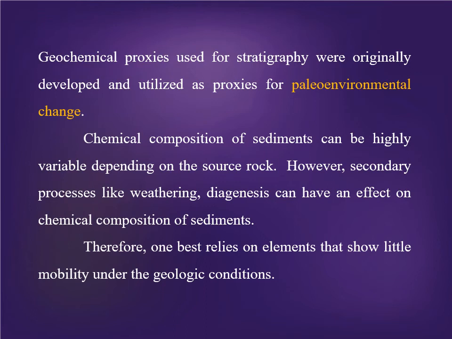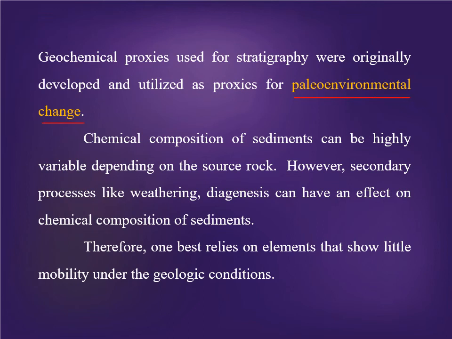Sometimes it gives us results about the provenance. In this way, we use the different chemical properties or chemical signals of any rock, and from that we try to understand the paleoenvironmental conditions of deposition of any particular layer. By studying layer by layer the change in chemical properties or mineralogical composition, we ultimately try to depict the paleoenvironmental changes through time.